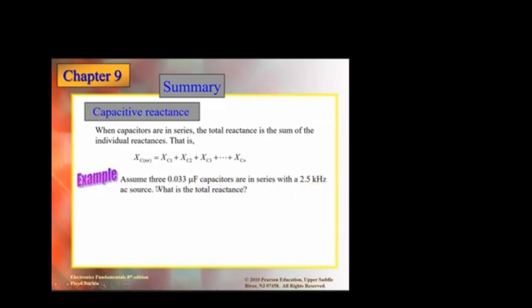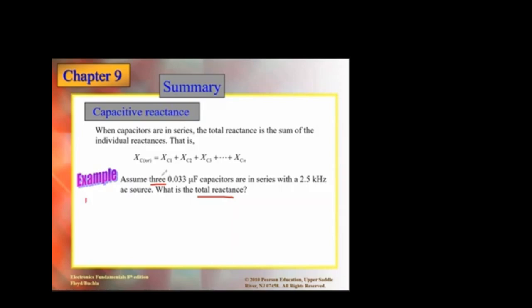Now assume this much of capacitors are in series with this much kilohertz AC source. What is the total reactance? It's so simple. Either you first calculate the reactance of one capacitor and then multiply by 3, because they said 3. Or you calculate the total capacitance, because there are 3 capacitors in series.